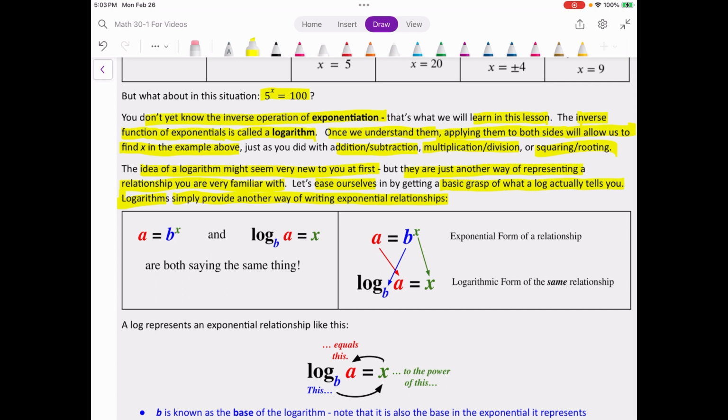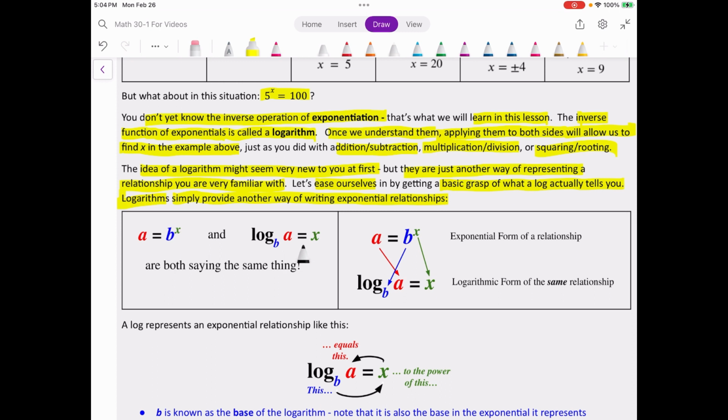Okay, so take a look here. These are saying the exact same thing. This says that a equals b to the power of x, and so does this once we know how to read it. Okay, so you can take a look down here. We'll start getting into it in a second, but I just want to introduce you to it first. This is just another way of representing an exponential relationship.